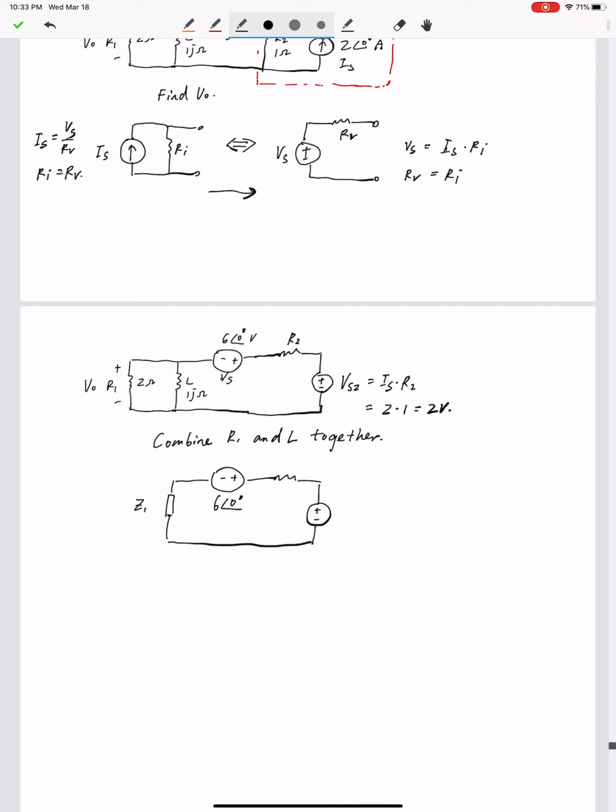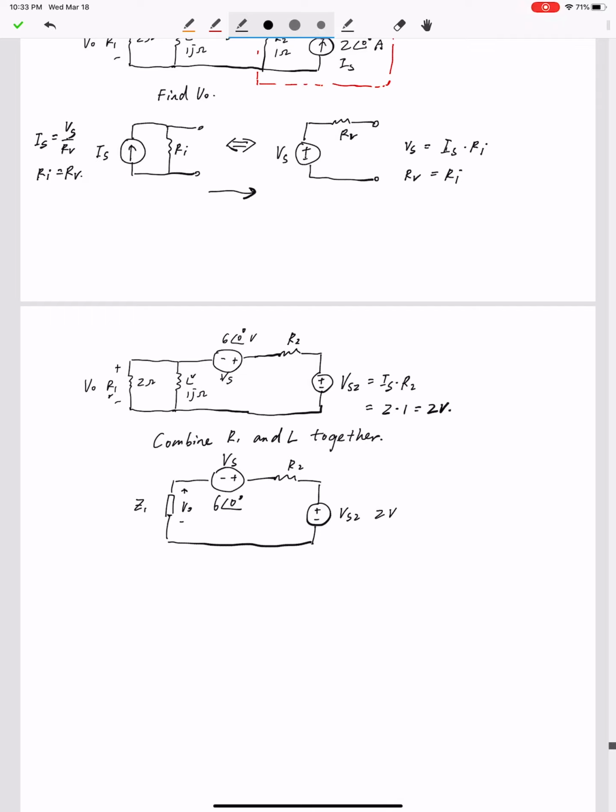The voltage on Z1 should also be V0, because in the original circuit, R1 and L are connected in parallel. So this is still Vs, this is R2, this is Vs2. Okay, Vs2 is 2 volts.